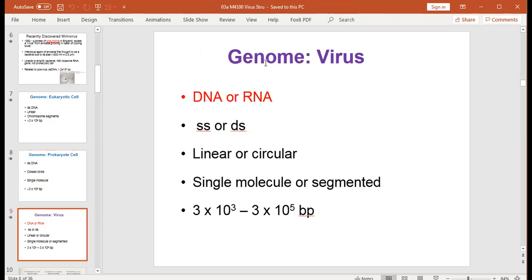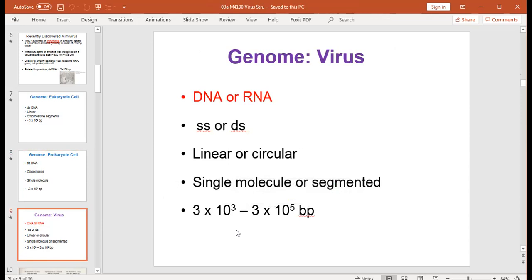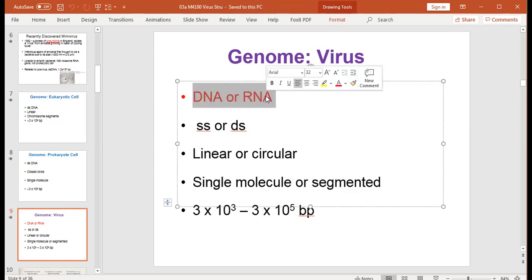Slide number 9 is a comparison of virus genome. It's significantly smaller than both prokaryotic and eukaryotic genome, roughly about 3 times 10 to the power 3 to 3 times 10 to the power 5 base pairs. However, it is a lot more complicated because it can be DNA or RNA.